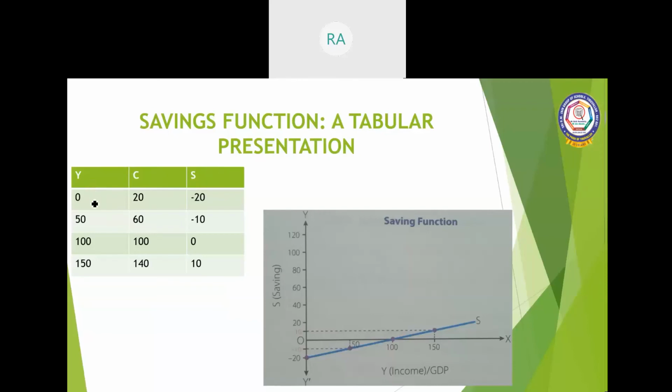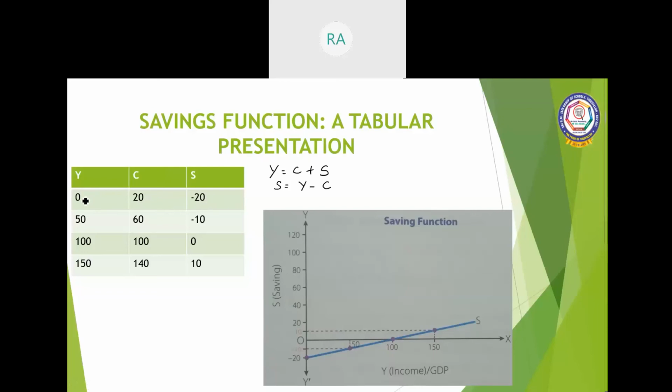When the income level is 0 and the consumption expenditure is 20, savings is minus 20 because there is 0 level of income. Y is equal to C plus S, so S is Y minus consumption expenditure. 0 minus 20 is minus 20, so there is negative saving of minus 20.